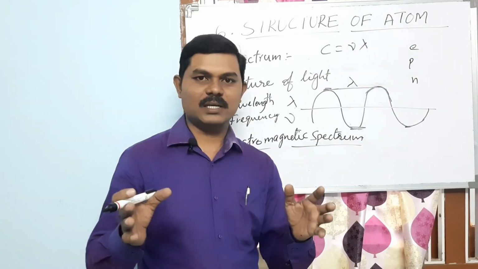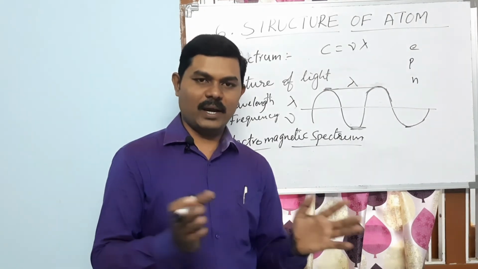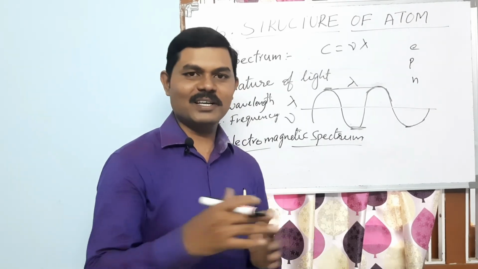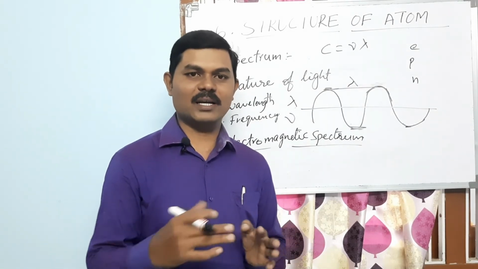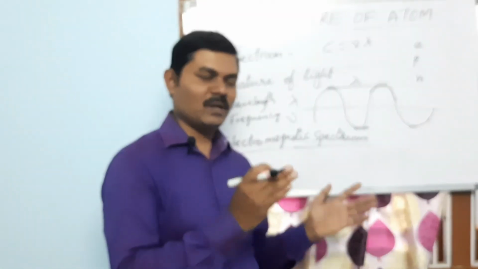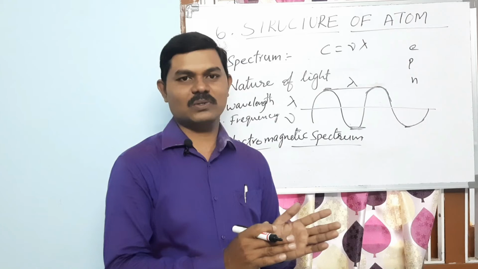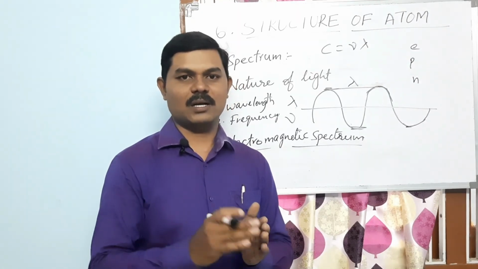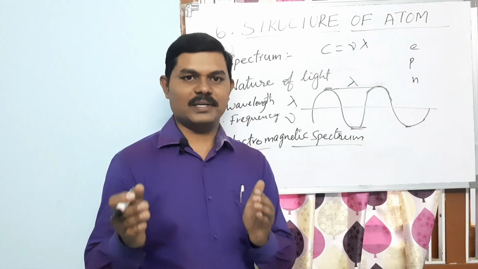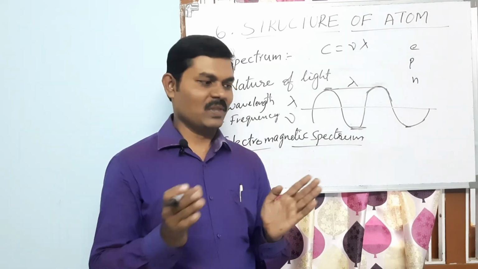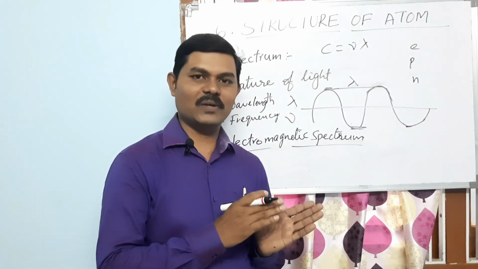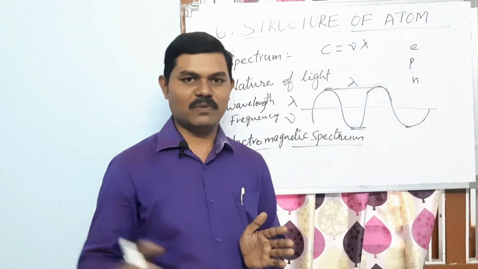Just imagine that in our class, when you write an exam like FA1 or SA1, either all are getting the same marks or all are getting different marks. We may get from 0 marks to the highest mark. If it is FA, out of 25 marks, or SA, out of 40 marks in physics, from 0 to the highest of 40 marks, different students will get different marks.